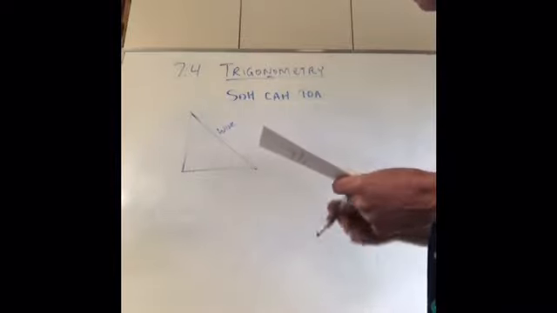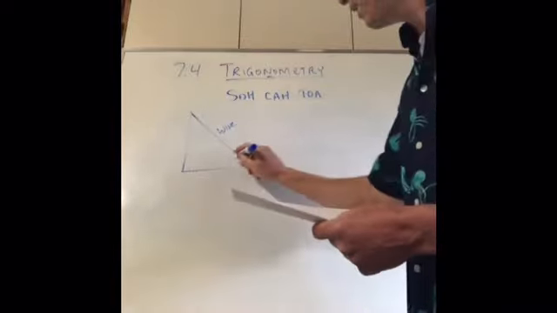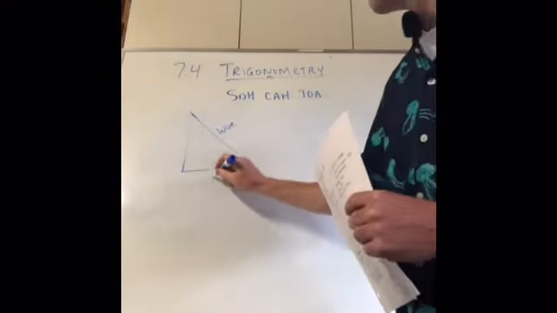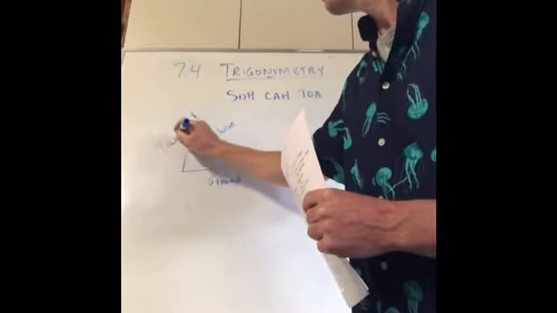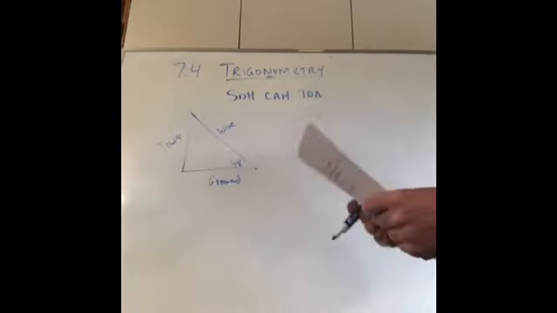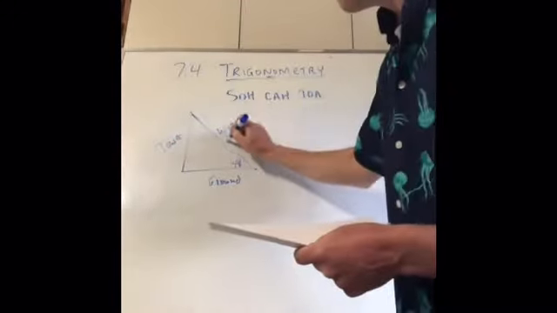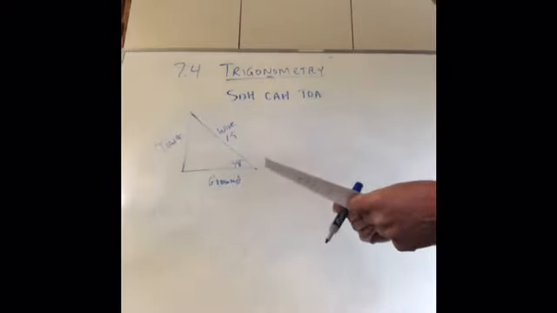We know that the wire and the ground make 48 degrees, and the wire itself is 15 meters long.